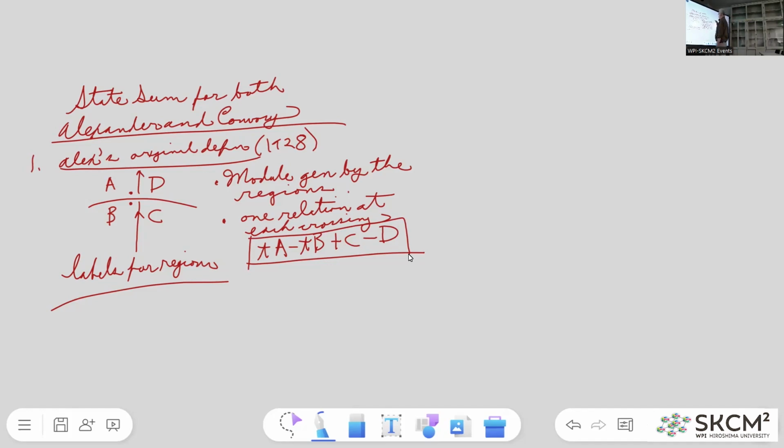So in order to illustrate that, I'm just going to do it on the trefoil knot and see how this works. So suppose we have a trefoil knot, and dots on the undercrossing. And we can label the regions.